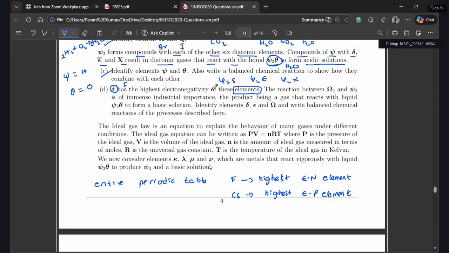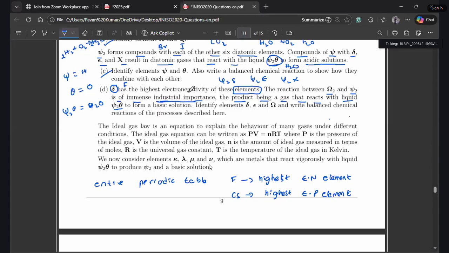Okay, now see this. By this F2, I found it. The reaction between OM2 and Xy2 is of an immense industrial importance. The product being a gas that reacts with Xy2 theta. Xy2 theta means water, to form a basic solution.